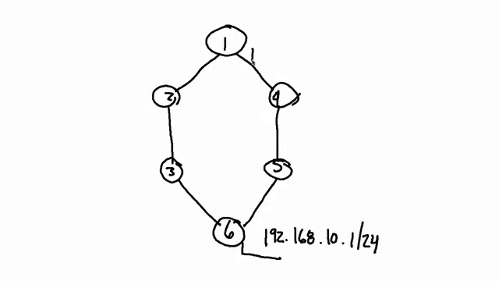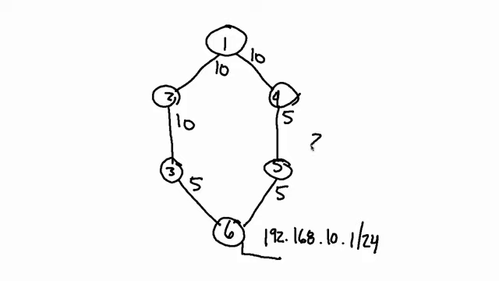Now, router 1 then calculates using OSPF the cost for each and every link in this path. And it's going to do the same for the path from router 2 and 3 to 6. And then what OSPF is going to do is add up the entire cost to get to router 6.